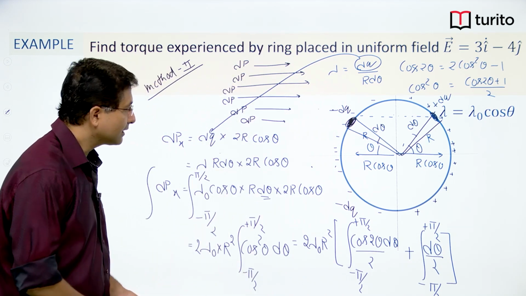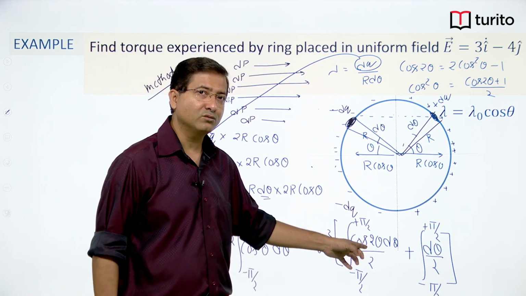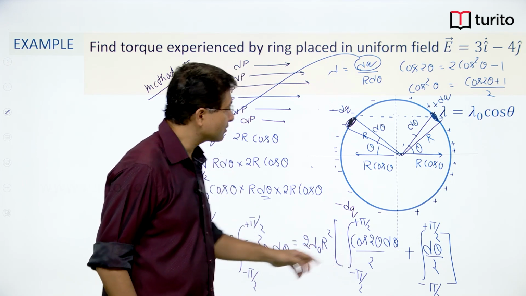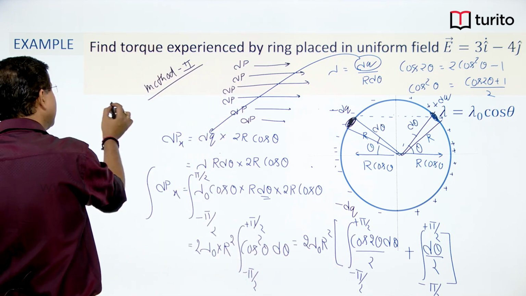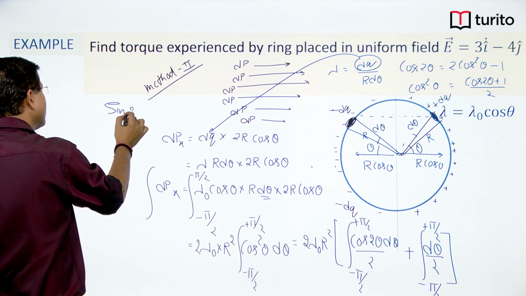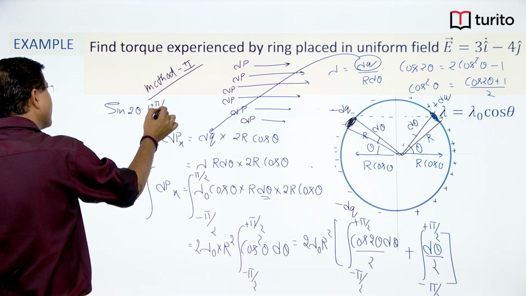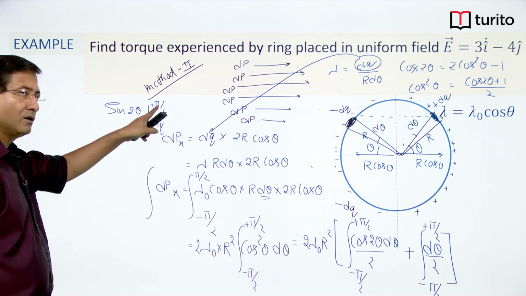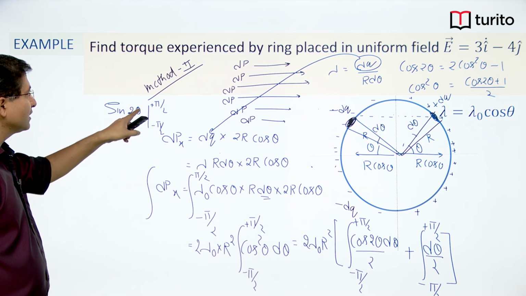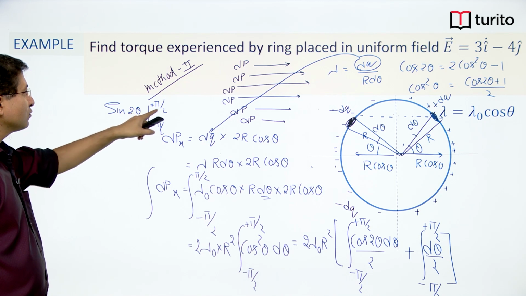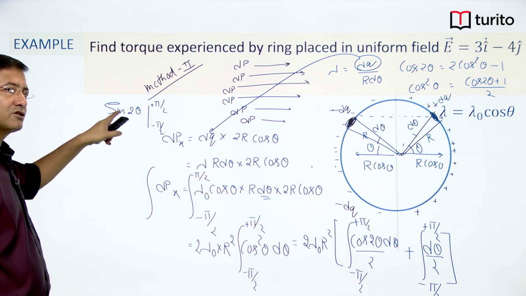Now you can see that integration of cos 2 theta is sin 2 theta, upper limit minus lower limit. So if I write sin 2 theta and minus pi by 2 to plus pi by 2, then in place of theta if I substitute pi by 2, the 2 will get cancelled out and you will get sin pi, which is 0.